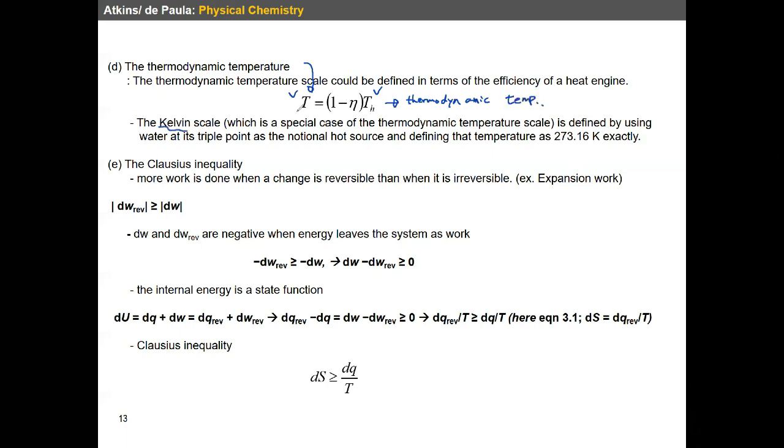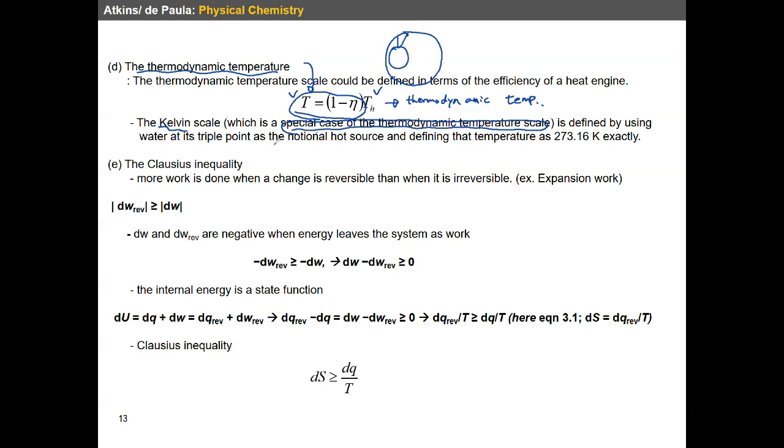And Kelvin used this equation for a special case of the thermodynamic temperature scale. So there is the thermodynamic temperature, and the Kelvin scale is a part of it. This will be easier for your understanding.